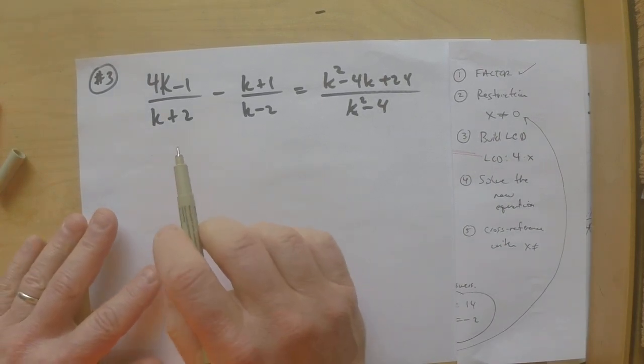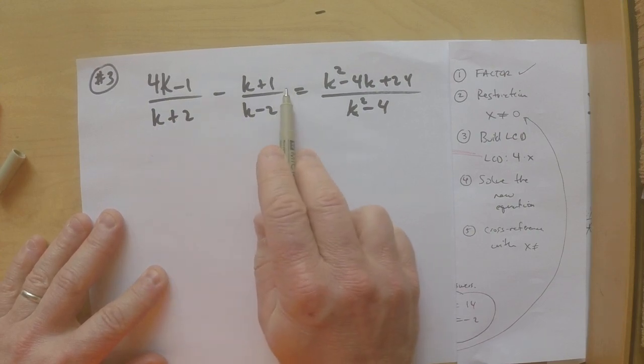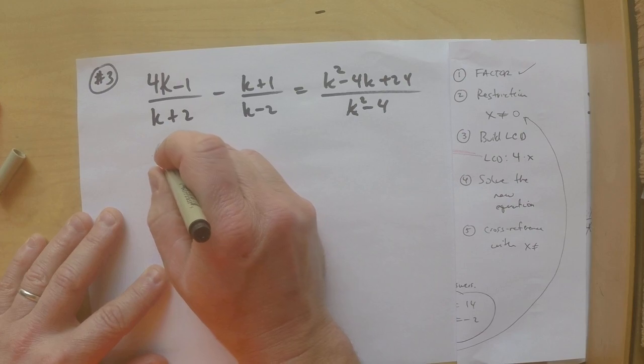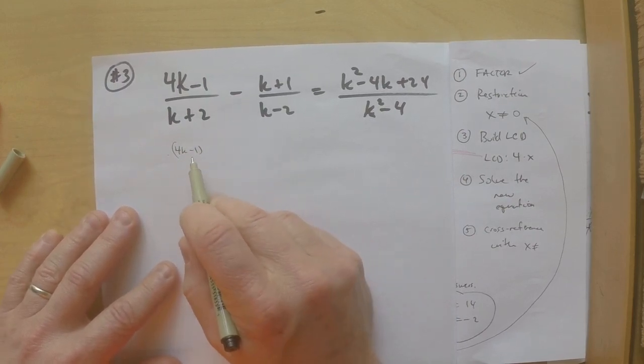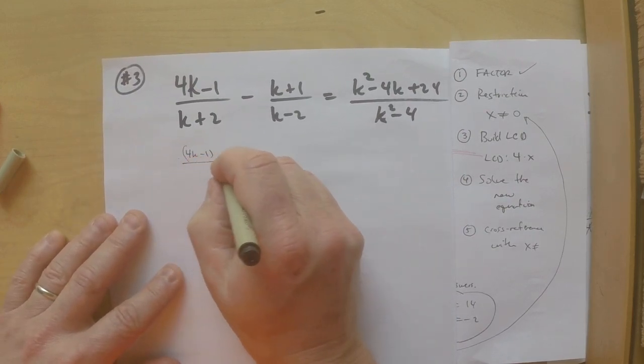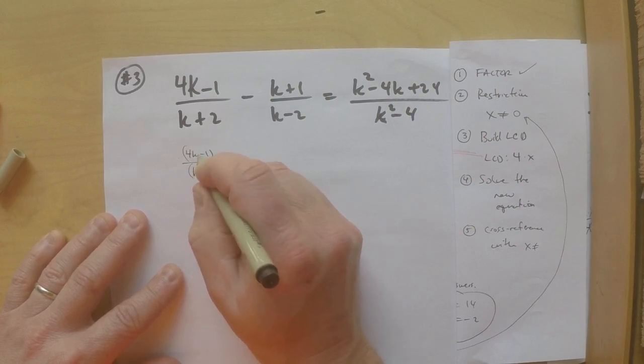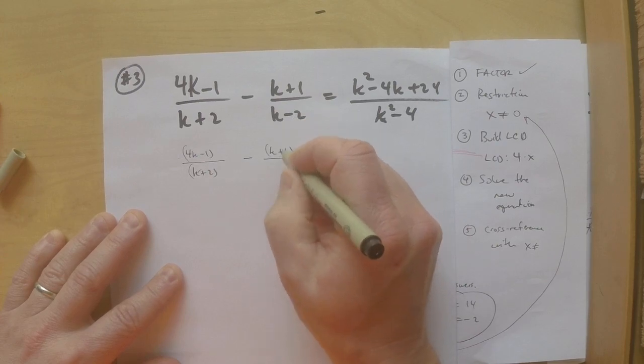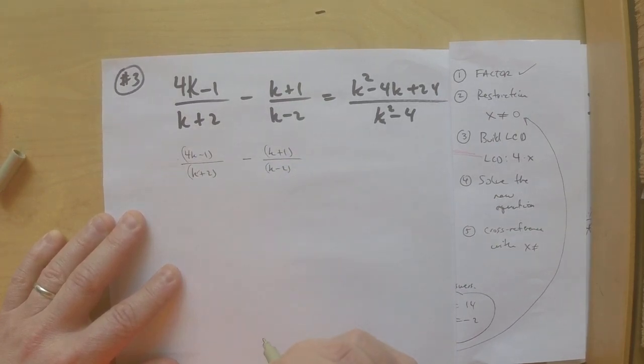Okay. So, equation, rational, factor away. Doesn't factor. Doesn't factor. Doesn't factor, so I keep brackets.